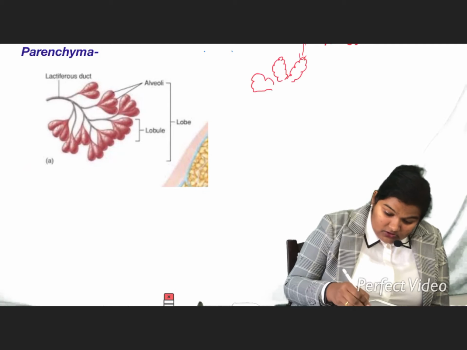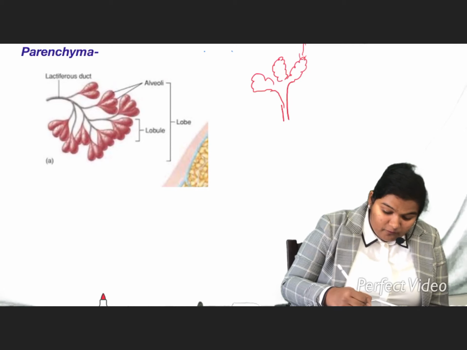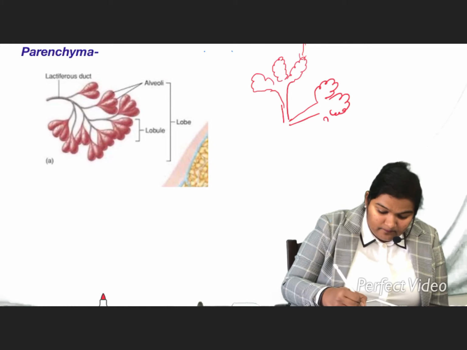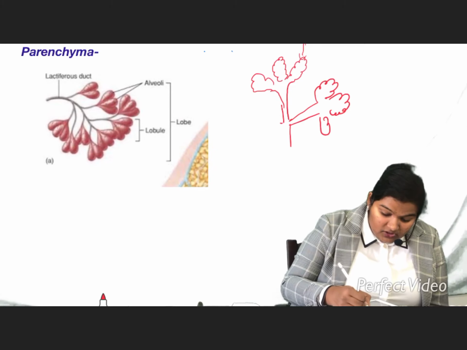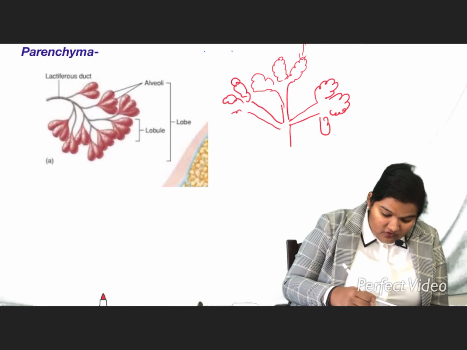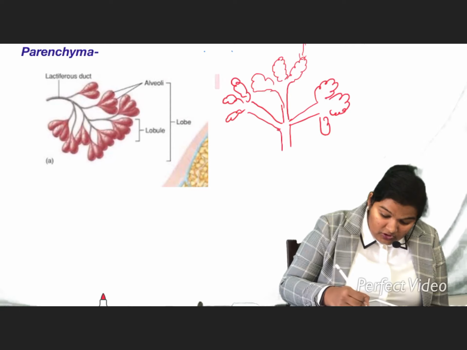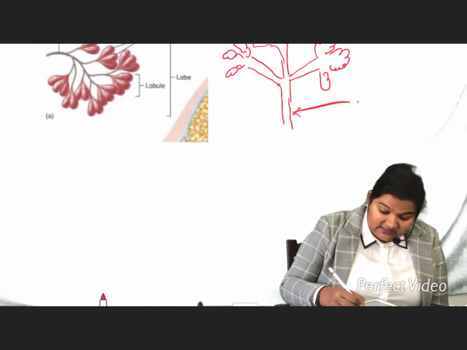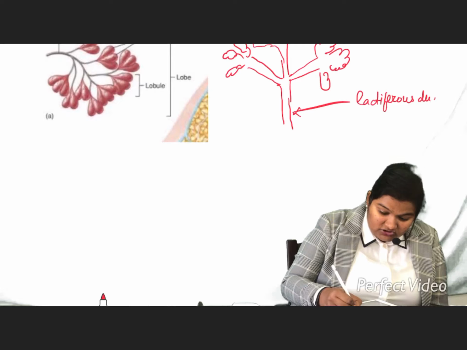Okay, these converge, and 2 to 3 ducts of these alveoli. Okay, here we have once again one extension of alveoli combines to form the lactiferous duct.